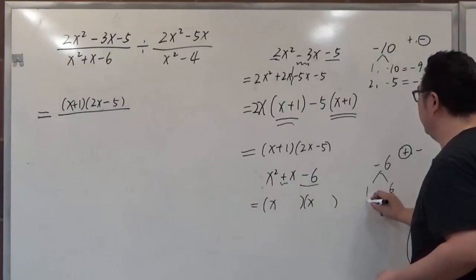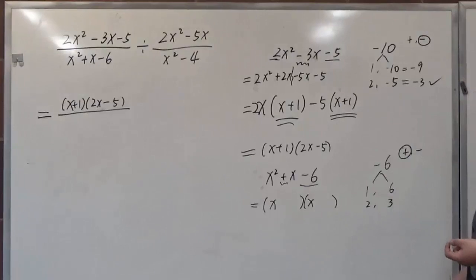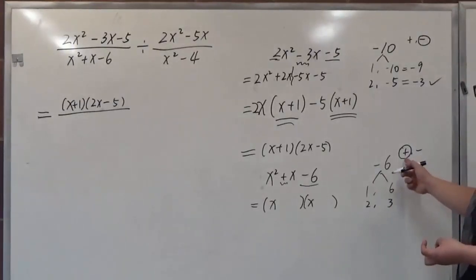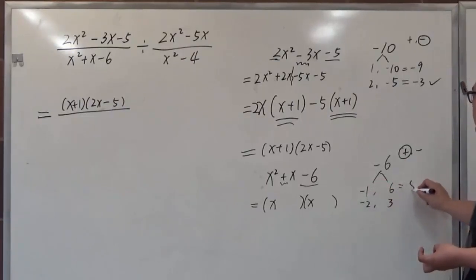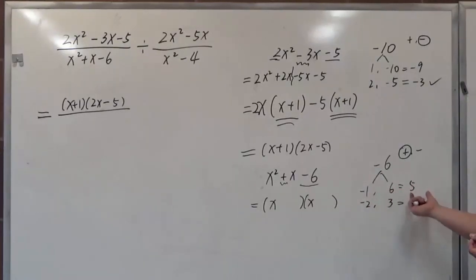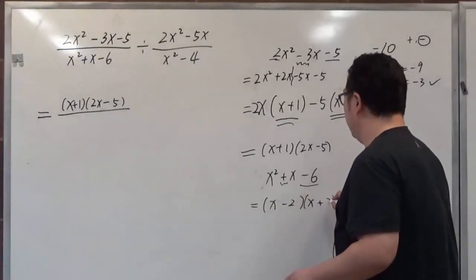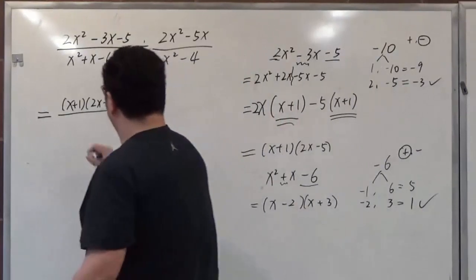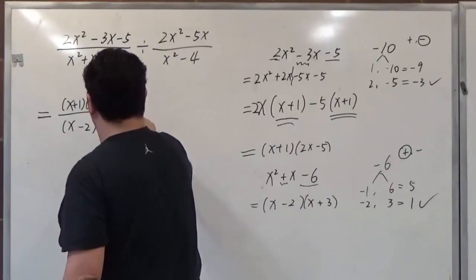Listing out, 1 and 6, 2 and 3 give us a product of 6. We keep the larger number positive and the smaller negative. Negative 1 and 6 give us positive 5, negative 2 and 3 give us positive 1, which is what we're looking for. So we have negative 2 and positive 3. Therefore, we factor as x minus 2 times x plus 3.